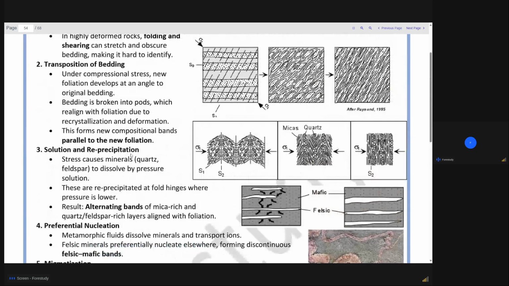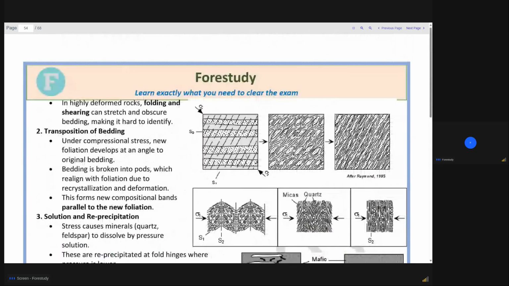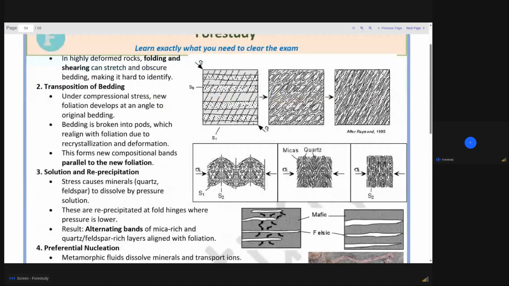schistosity is connected with the bedding planes, and the major learning from here is that while a geologist does field work, he or she should note that there can be occurrence of schistose layers apart from the original bedding plane, and should identify those layers and then reconstruct the history: how they formed and what the stress direction was. They should not make the error of taking the schistosity as the bedding plane.